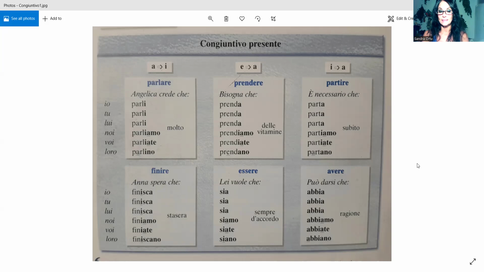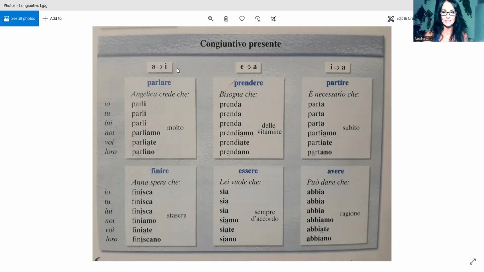First of all, we'll start having a look at the endings of the congiuntivo or subjunctive. We have the conjugation of the regular verbs: parlare, verbs in are; prendere, verbs in ere; and partire, verbs in ire. As you can see here at the top, it gives you a little indication of what is going to happen.